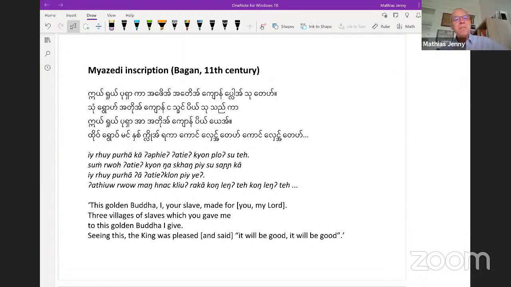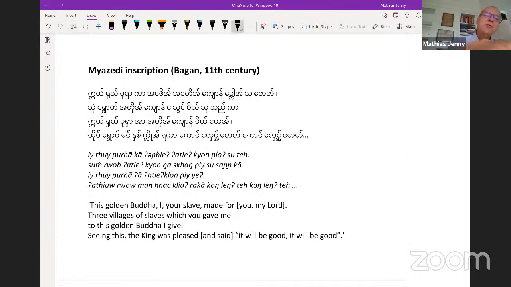There is some argument, some discussion that there have been older, earlier Burmese inscriptions. Michael Antwin has argued that Burmese was written before Mon. The argument is not very strong. So this is the first secure Burmese text that we have.